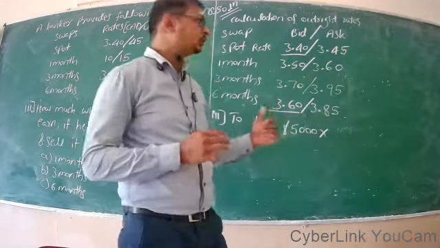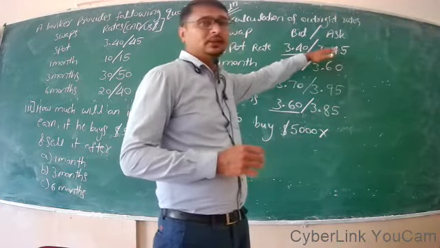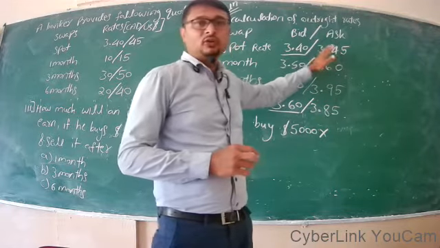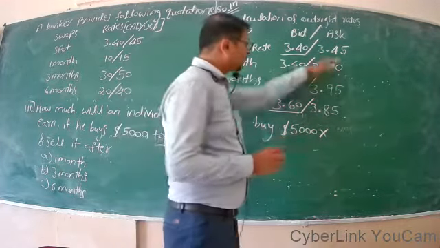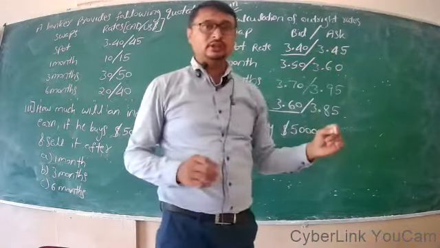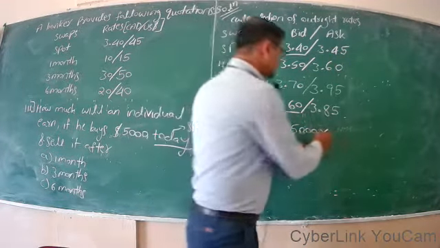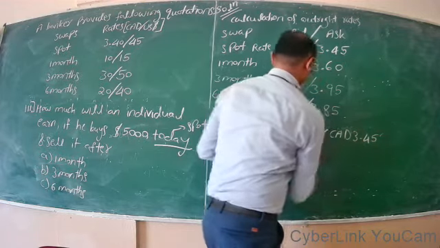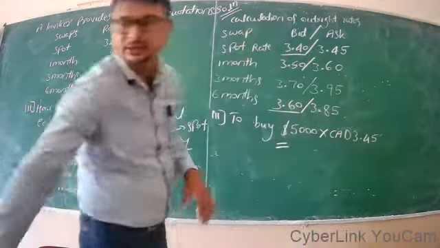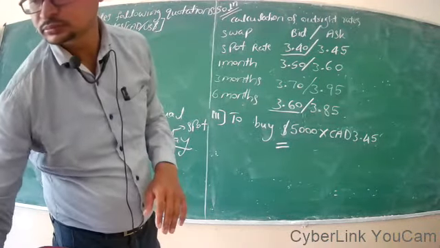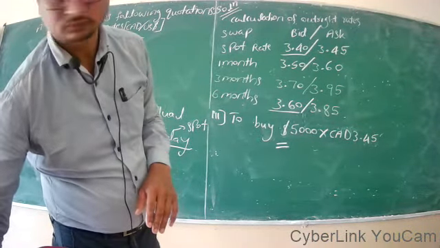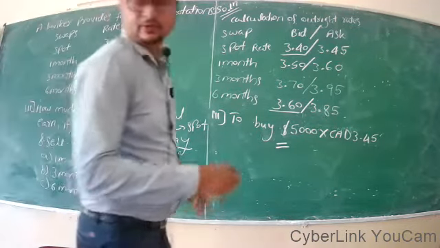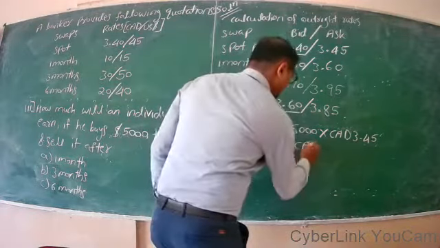So banker provides us this quotation. So banker's selling price per US dollar is 3.45, right? To buy 1 US dollar it is 3.45. To buy 5,000 US dollar, that is equals to 17,250 Canadian dollar.